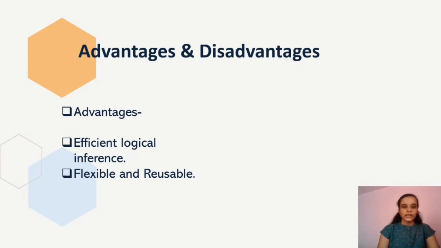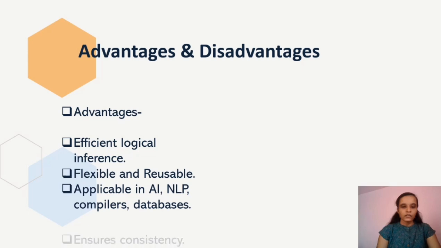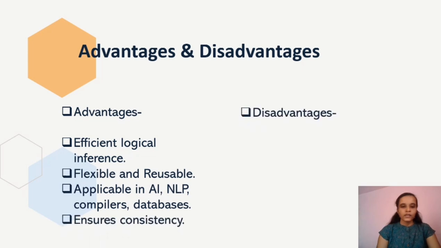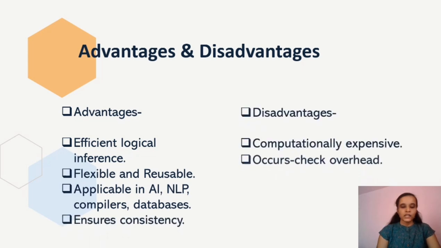Then disadvantages. Computationally expensive, especially in large AI systems. The occur check process can slow down execution. Third is limited capability for higher order logic, can be memory intensive for complex reasoning tasks.